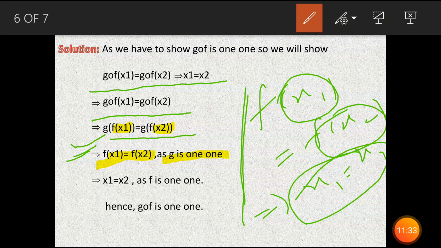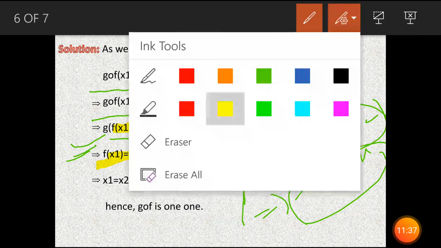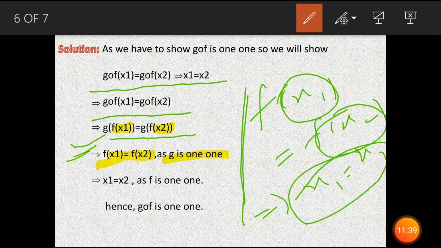Because g is given 1-1. Now as f is 1-1, whatever is inside here, x1 and x2, become equal because f is also given 1-1. So our condition was GOF of x1 equals GOF of x2, and our result is x1 equals x2. So GOF is a 1-1 function.